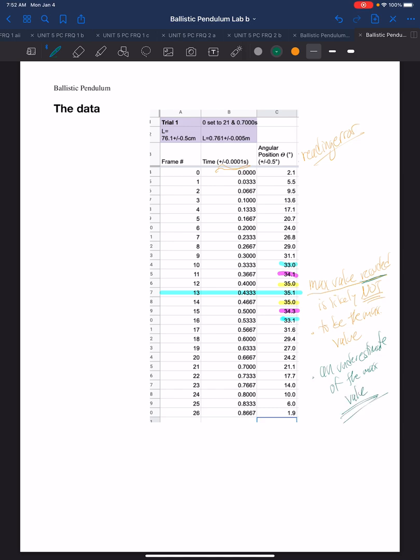So then the question becomes, how much of an underestimate? We can look at this tabularly, and we see it's 35.1 plus or minus 0.5, but we know it's likely to be larger than that.